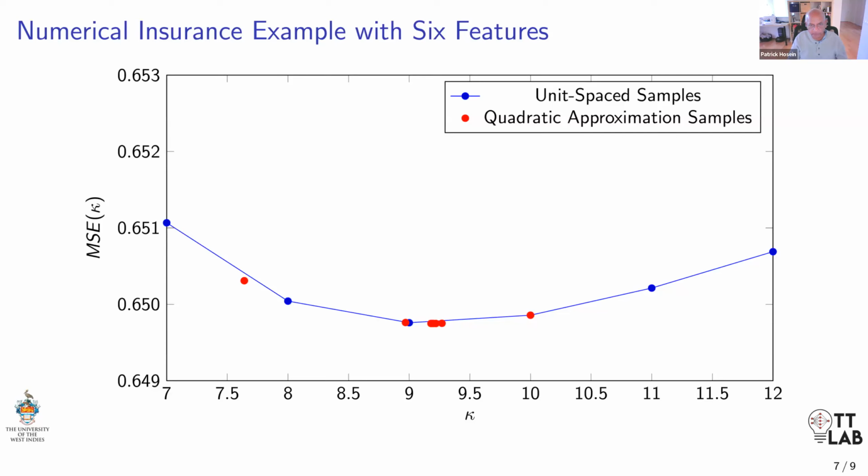So after about 3 iterations, actually it's like 2 iterations, you already get to the range where you're very close to the optimal kappa, without having to evaluate over multiple kappa values.